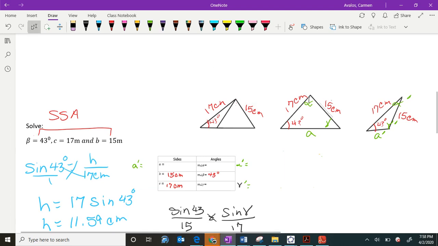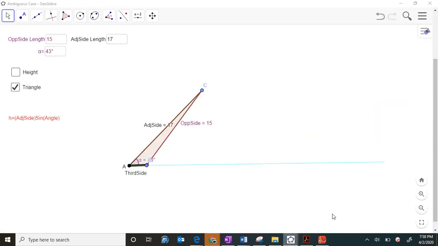This side right here is this side right there, and this side right here is this side right there. So these are both 15. That's the same side whether I'm going here or there.